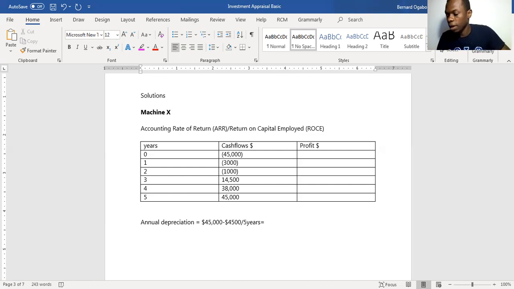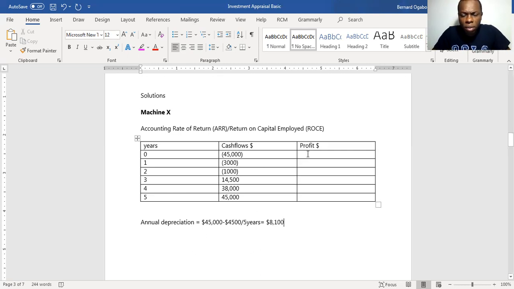So I'm going to have 45,000 minus 4,500. That gives me 40,500 divided by 5. That is 8,100. So annual depreciation is 8,100.